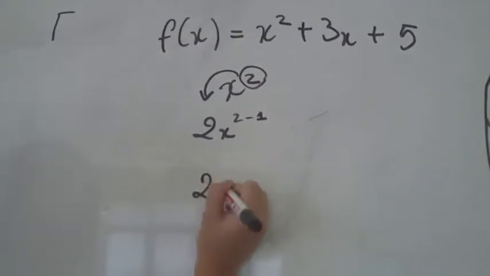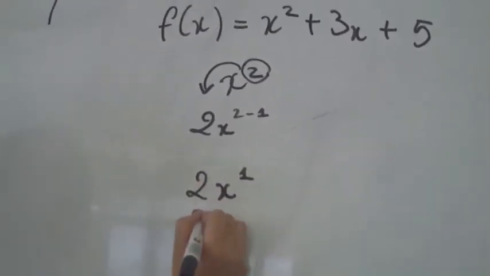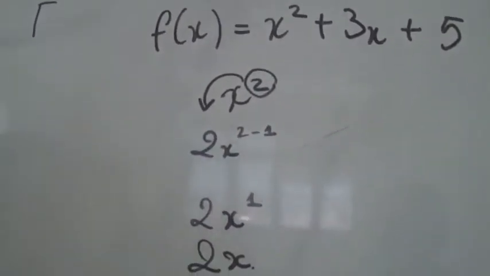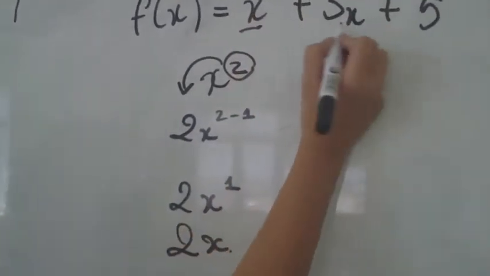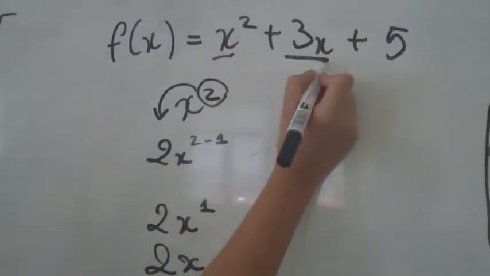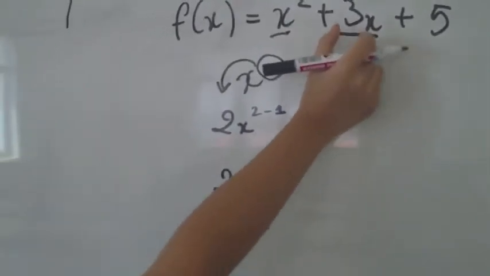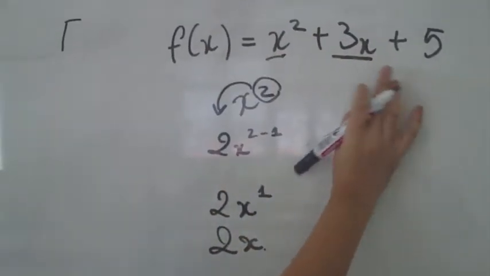This gives 2x to the 1, which is 2x. And then the next component in the equation is 3x.